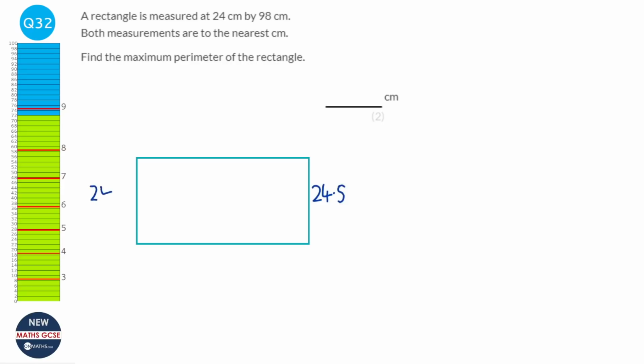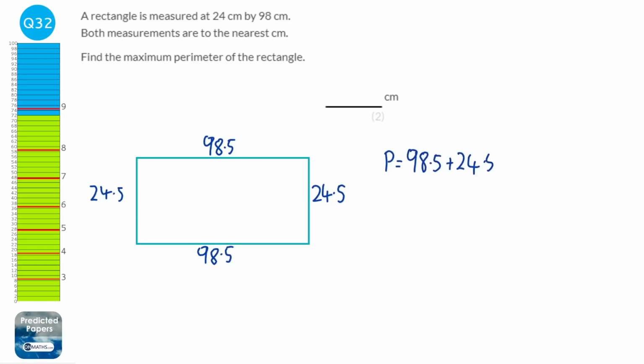And so these are both going to be 24.5. 98 centimeters, well, the maximum that could be is 98.5. And so to find the perimeter, all we're going to do is add all these together. So 98.5 plus 24.5 plus 98.5 plus 24.5. And that gives us the answer of 246 centimeters.